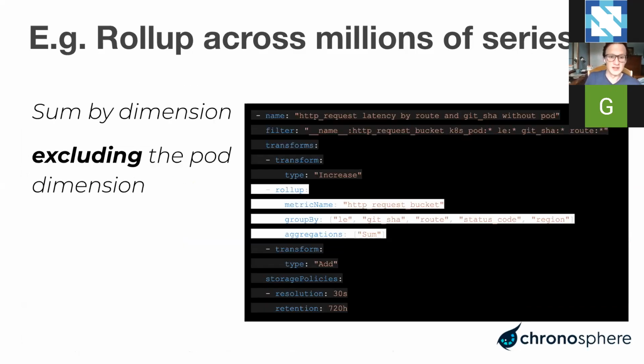So to solve this problem, what you can add with the aggregator are rollup rules. Essentially, you can say, I'm going to sum up a particular metric's values by the dimensions I actually care about, but exclude some other dimension or set of dimensions. In this case, we're saying group by all of the dimensions except for pod.